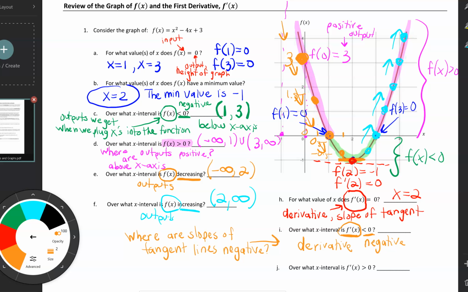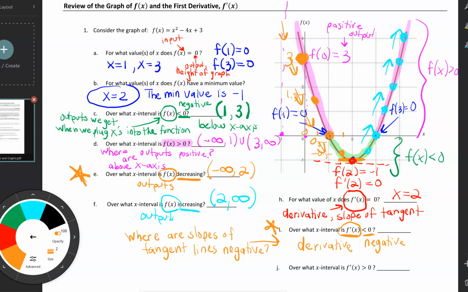It's going down. So actually, E and I are talking about the same thing. If my function is decreasing, the rate of change should be negative. If the rate of change is negative, my tangent lines would be negative. My derivative would be negative.